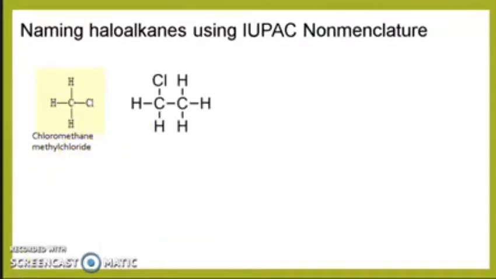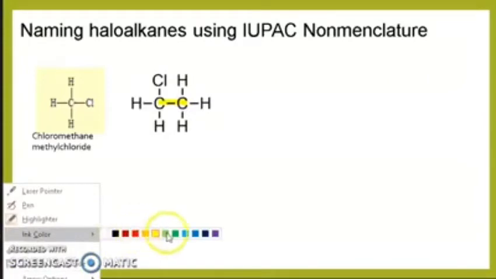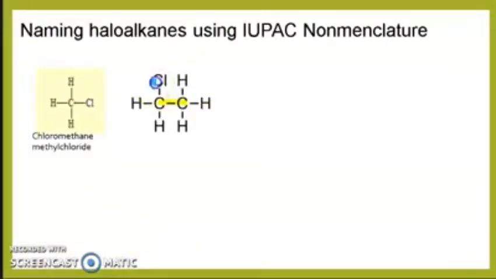In this second example, we have 2 carbon atoms as the main chain, and the branch is the chlorine again. Now there are two ways to name this alkane. We can start by the same rules that we explained. We name the main chain, which is ethane, because we have 2 carbon atoms.